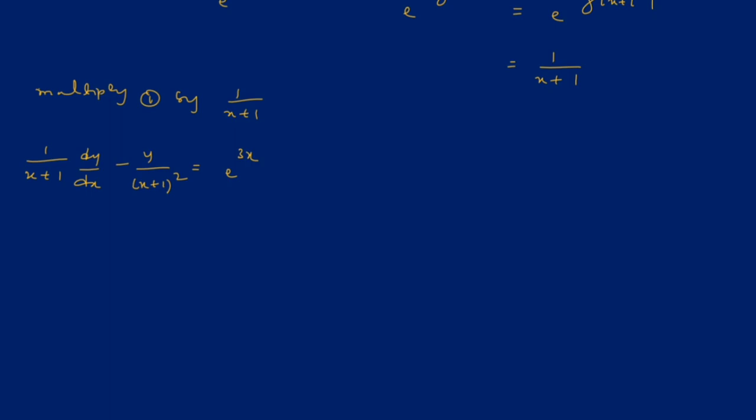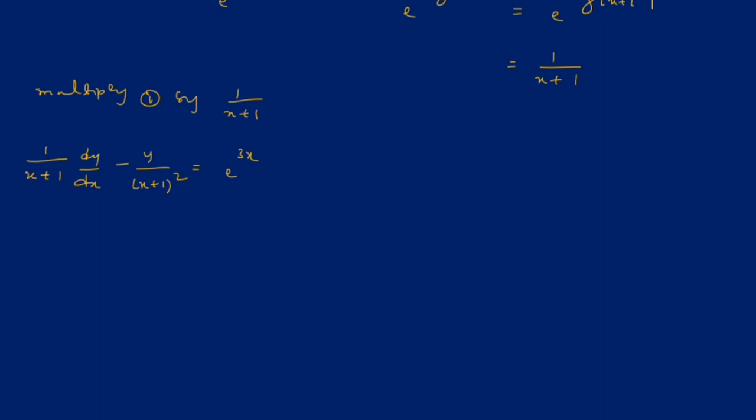Just we are multiplying equation 1 by 1 upon x + 1. In the first term, 1 upon x + 1 dy/dx minus y upon x + 1 whole square, which equals e to the power of 3x, since x + 1 cancels from numerator and denominator. So now this can be written again in LHS form.